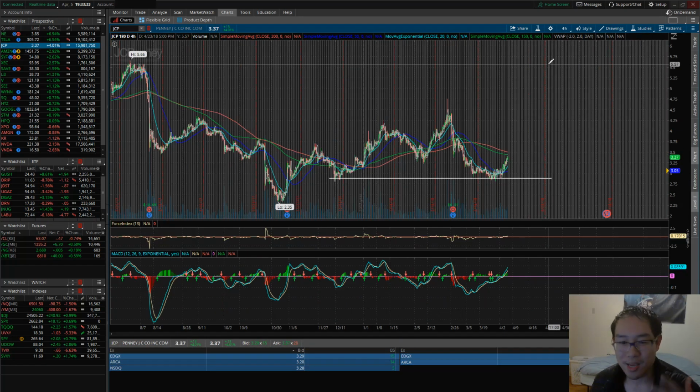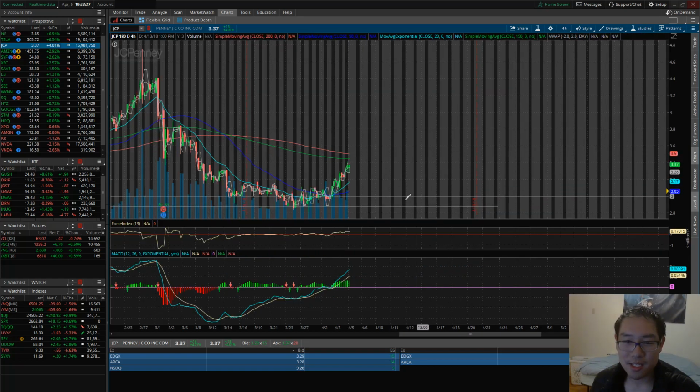JCPenney. We keep going to this stock all the time because JCPenney is on the uptrend, like we said. Today, because the stock market was bullish, JCPenney went up 4%. Right now, what I'm looking at is it is about to test this SMA line, the 150-day SMA.